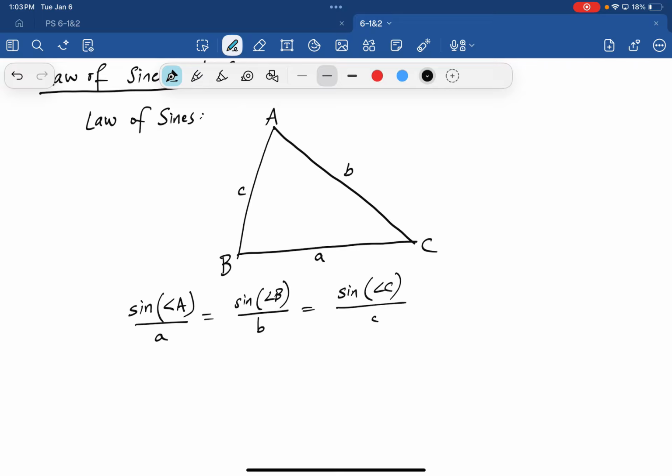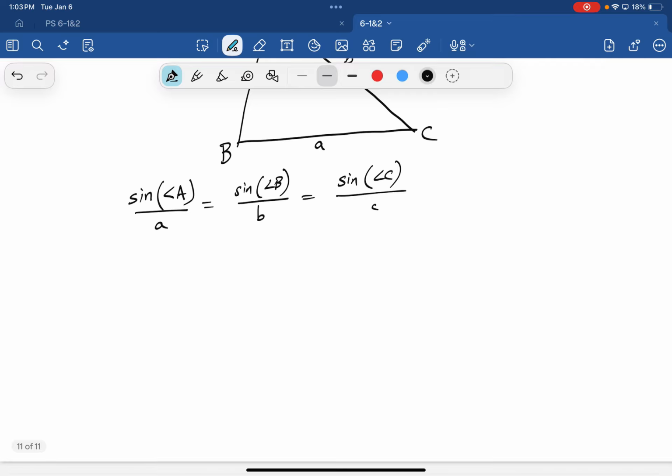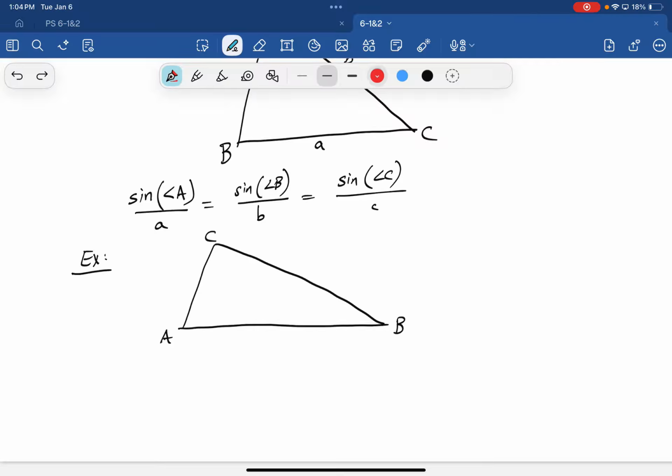If you guys learned it already, we'll just skip to 6.3 today. All right, let's do an example question. So let's say we're given this triangle, ACB, which means that this side is A. Let me label the unknowns in red, so it's clear.